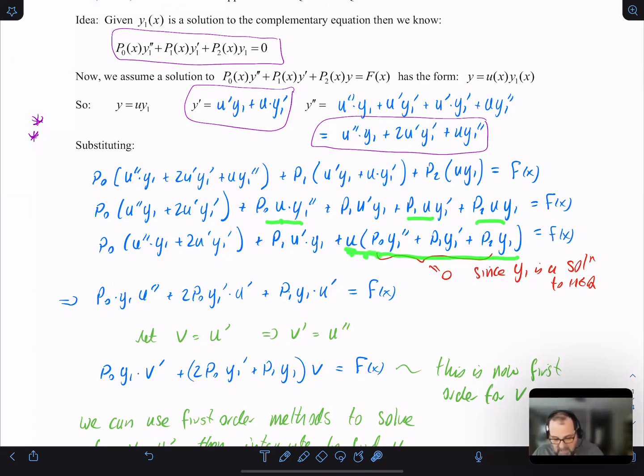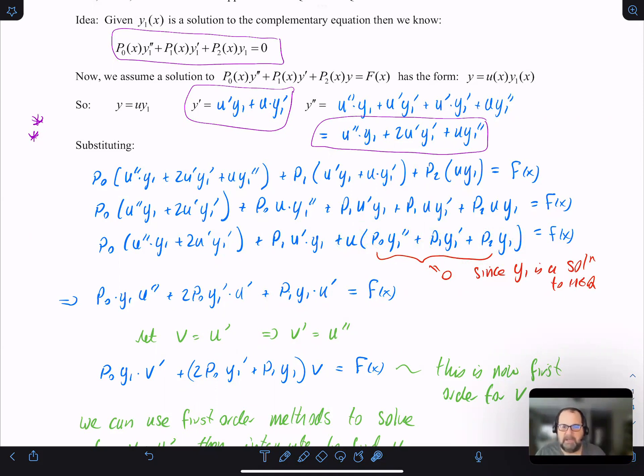Then what's left behind is P0 Y1 double prime, P1 Y1 prime, P2 Y. So the clever bit here is to recognize that since Y1 is a solution to the homogeneous equation, when you plug it into the DE on the left-hand side, we will get 0. So that means that this whole term is going to go away.